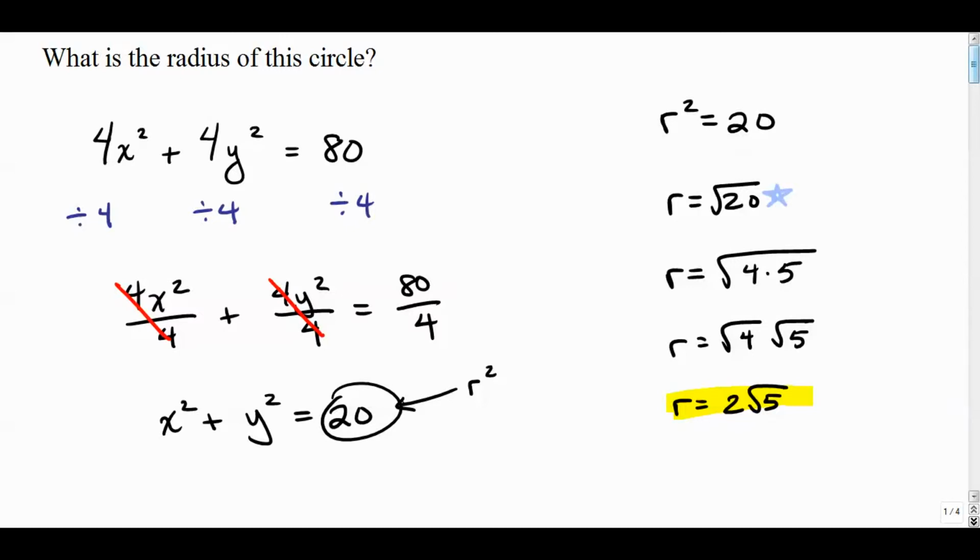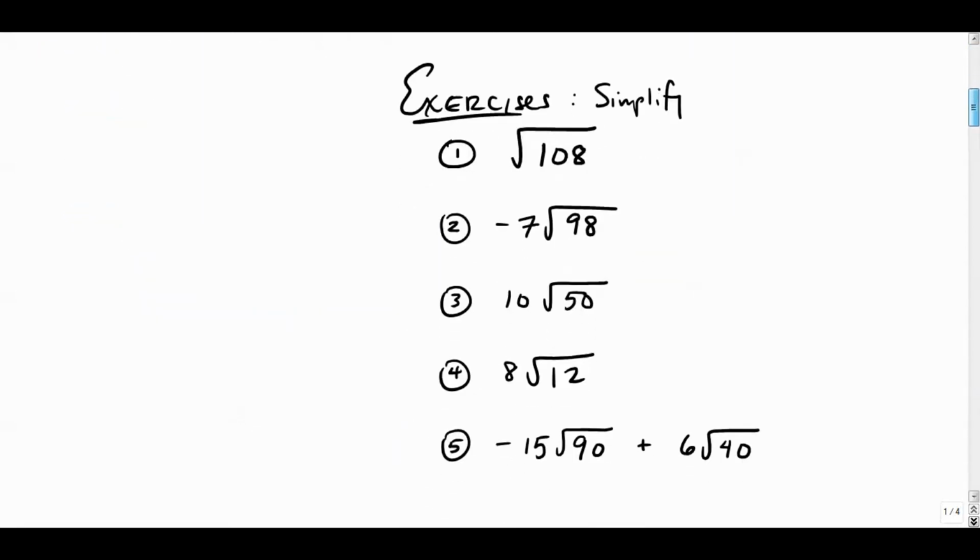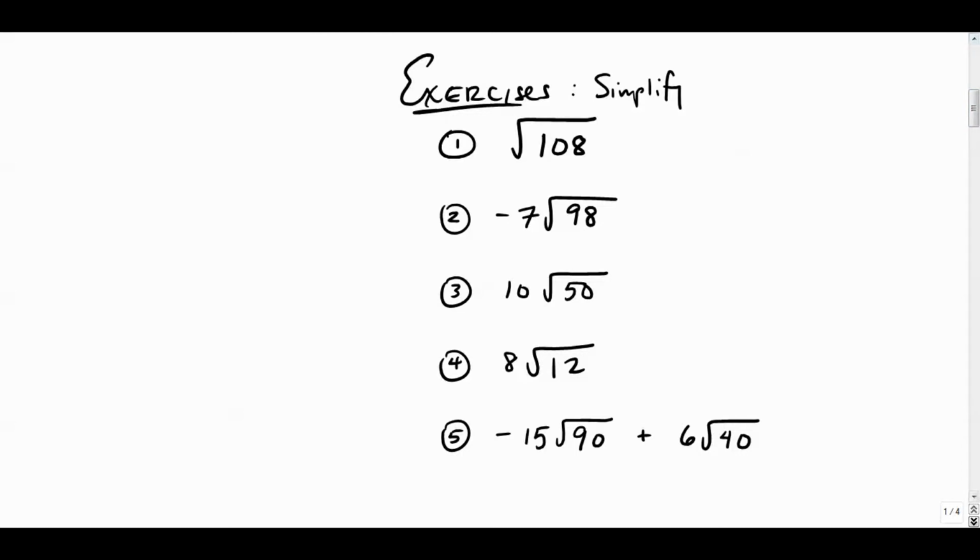To get some more practice with that radical simplification, try these. Pause it right here and try to simplify these radical expressions. Try to get them down into their simplest versions. And to do that, look at your radicand, the number underneath the radical, and see if there are any perfect squares inside of it.